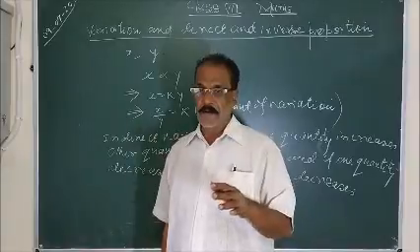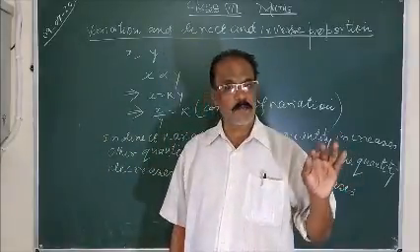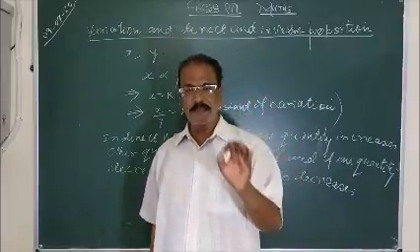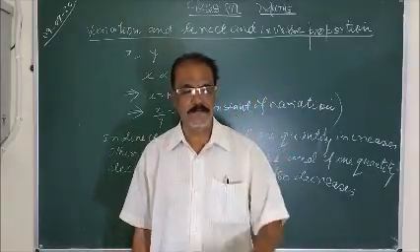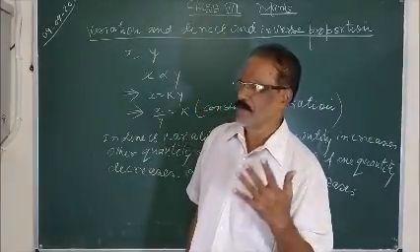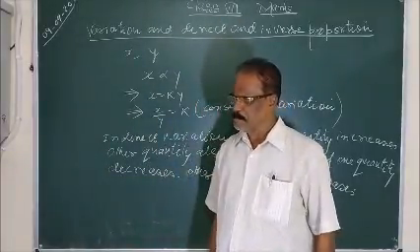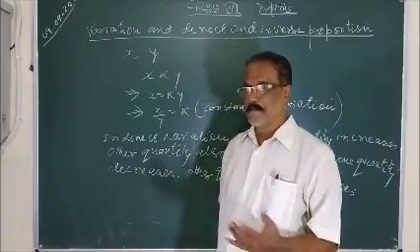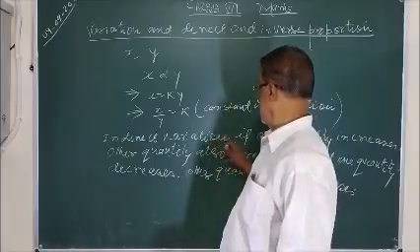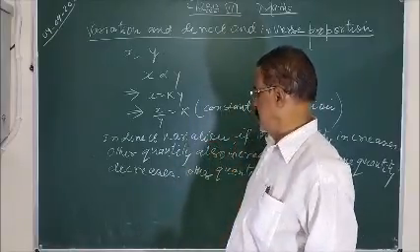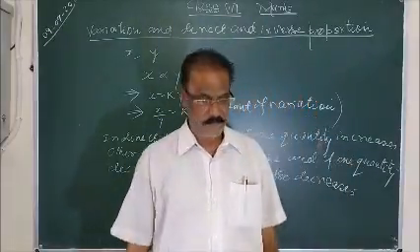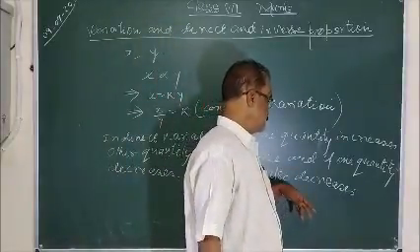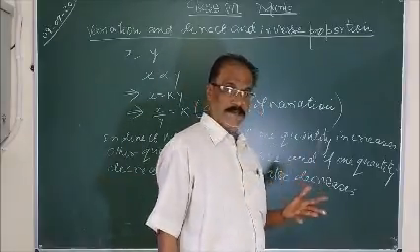In the second example, if you increase the number of notebooks, the price will be increased. If you decrease the number of notebooks, the price will be decreased. So बहुत सारे examples हैं in which you can understand if one quantity increases, the other also increases, and if one quantity decreases, the other also decreases.